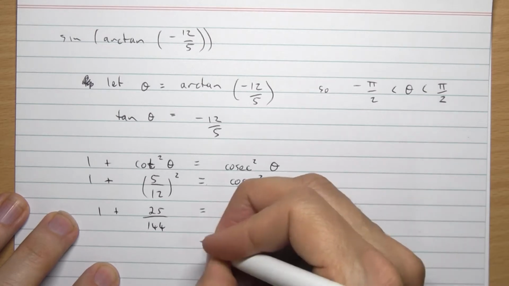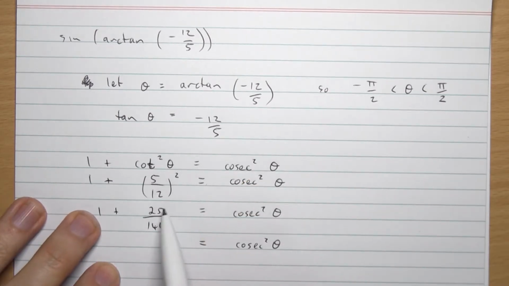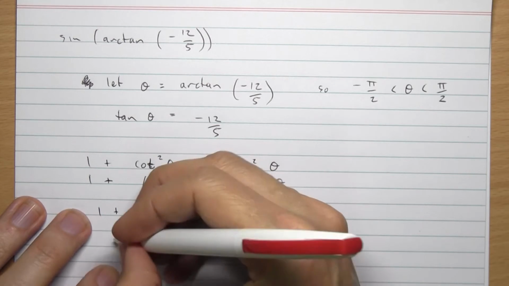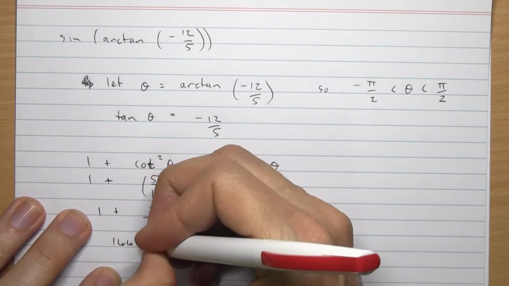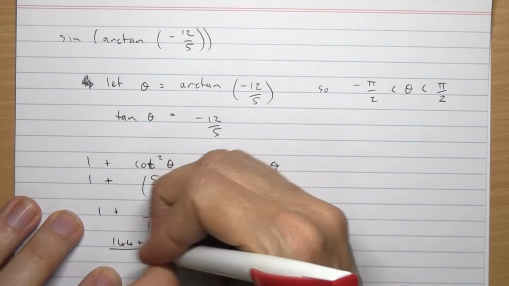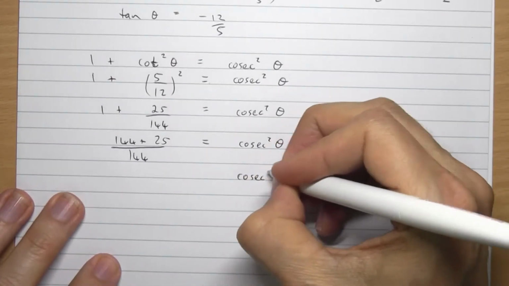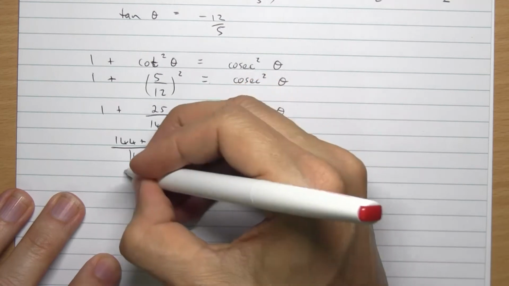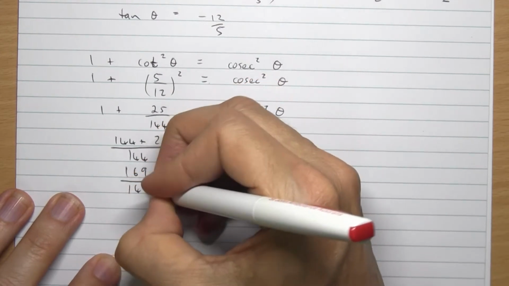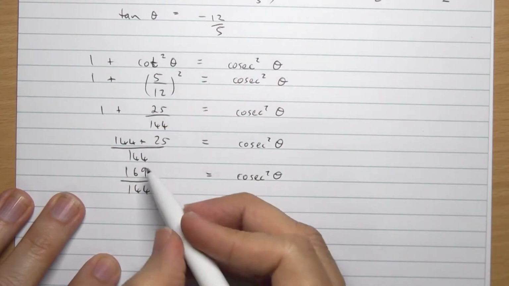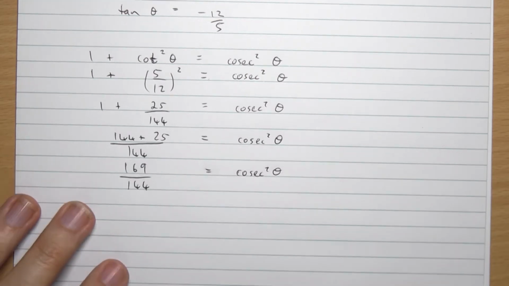What's this? 144 plus 25 over 144. Cosec squared theta is 169 on 144. Can you see 13 squared here? All right, that's cosec squared.